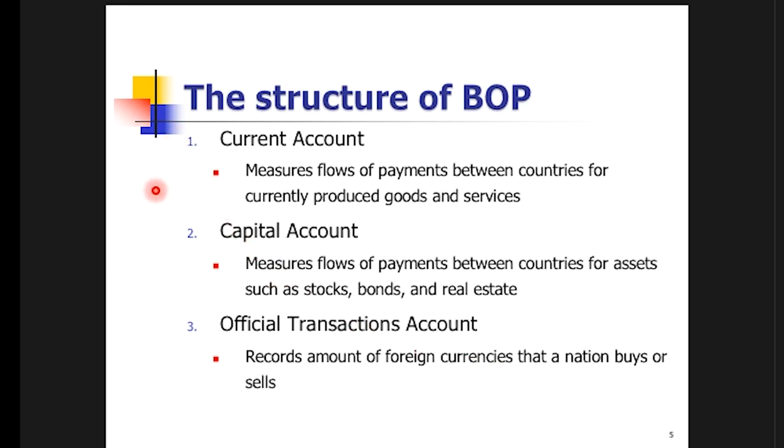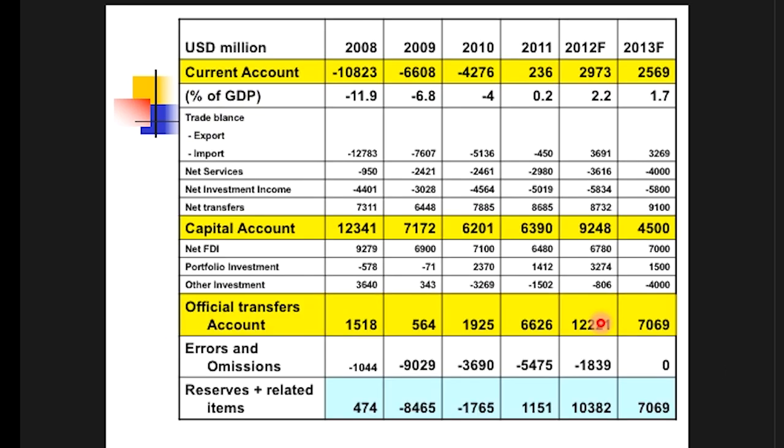So now, these three important accounts are highlighted with the yellow rounds in this table. The first account, the current account, has four main items, and all these items relate to the transaction of goods and services or income. Finally, net transfers refer to gifts, presents, or support between countries.